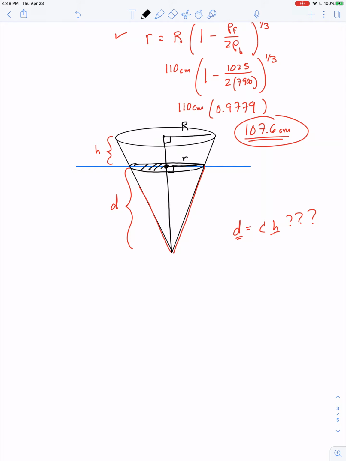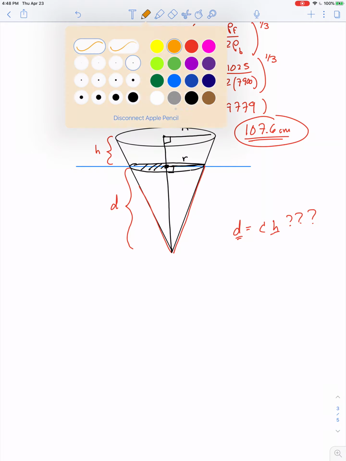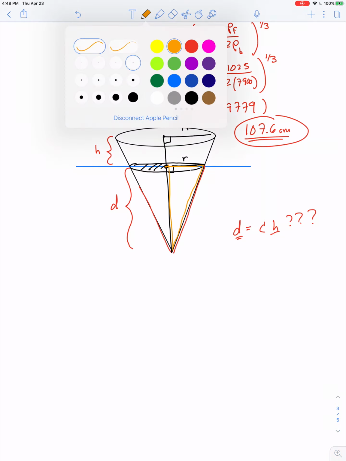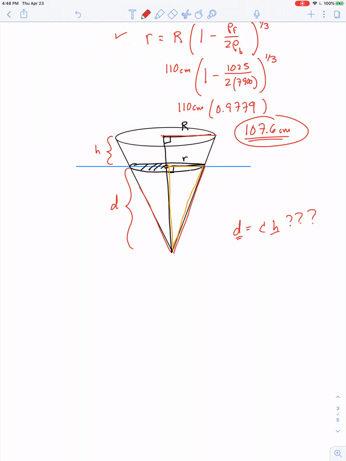So maybe you see this small right triangle, or maybe you see the larger right triangle, or maybe you see a right triangle that takes into account the difference between the two. Okay, so the full distance, how about we give a name to that, and we call it y, where y is equal to d plus h.